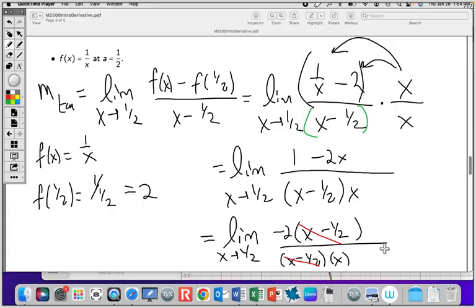And now I can substitute. Plugging in 1/2 for x, I get negative 2 over 1/2. And once again, I get negative 4.